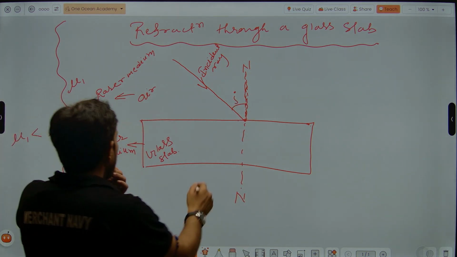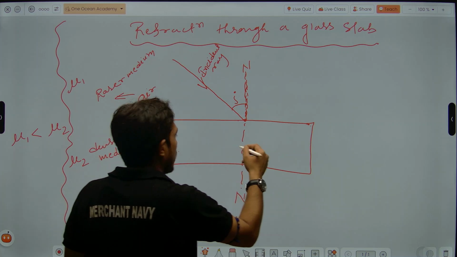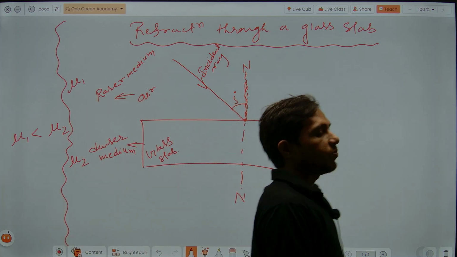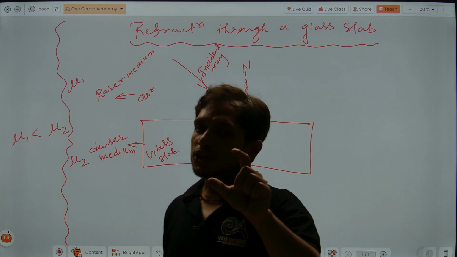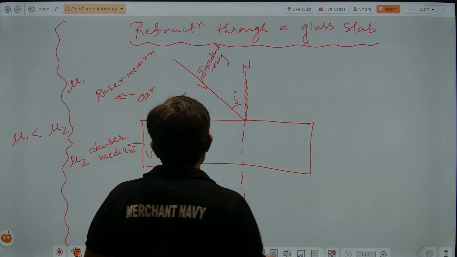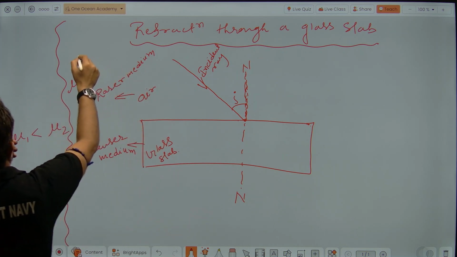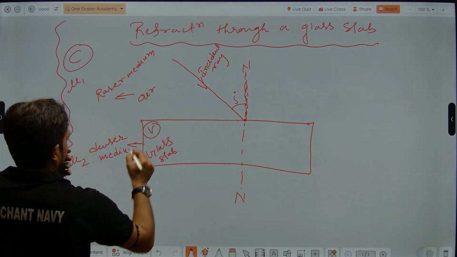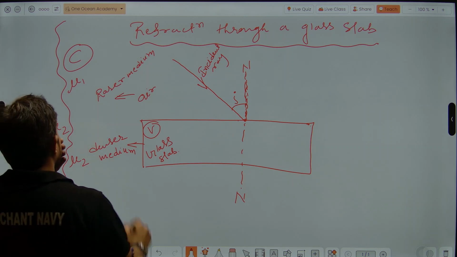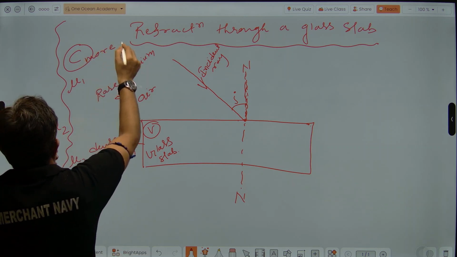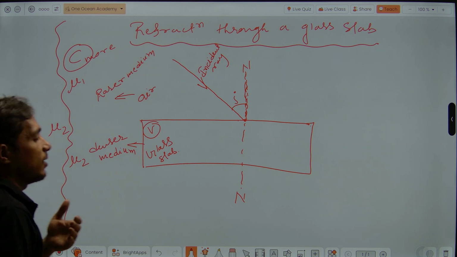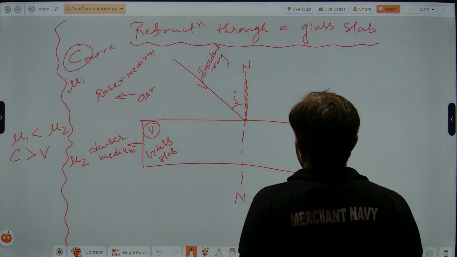Now, when it enters the second medium, due to the higher density of the second medium, the speed of light decreases. You can also write that here the speed of light is c, and here the speed of light is v. c is the greater speed, so c is greater than v.